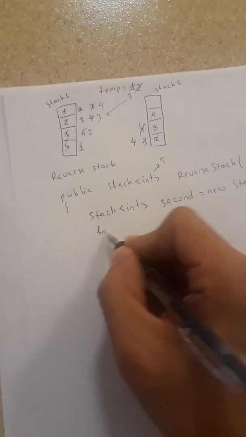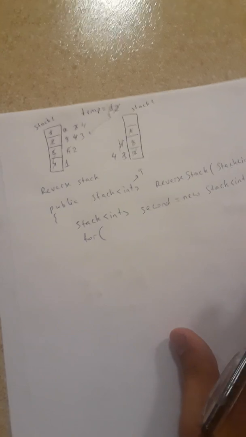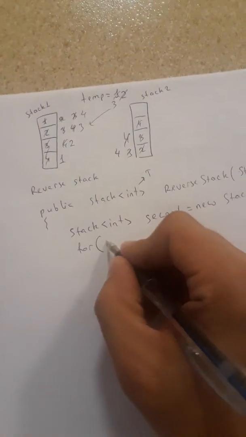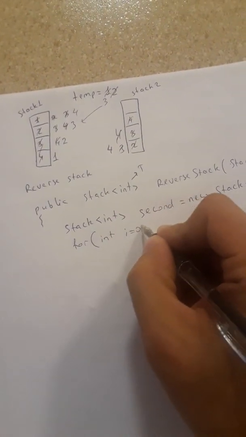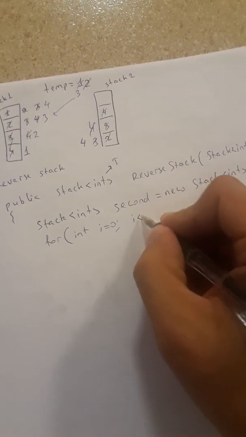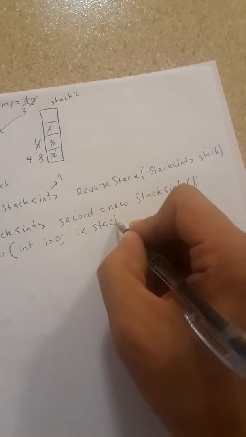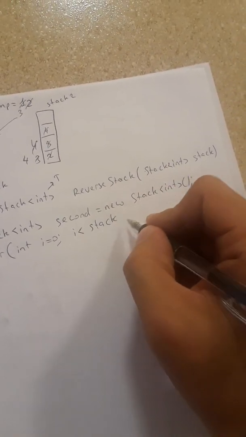We will use a for loop just to iterate through all elements in the stack, until it reaches the end of the first stack.